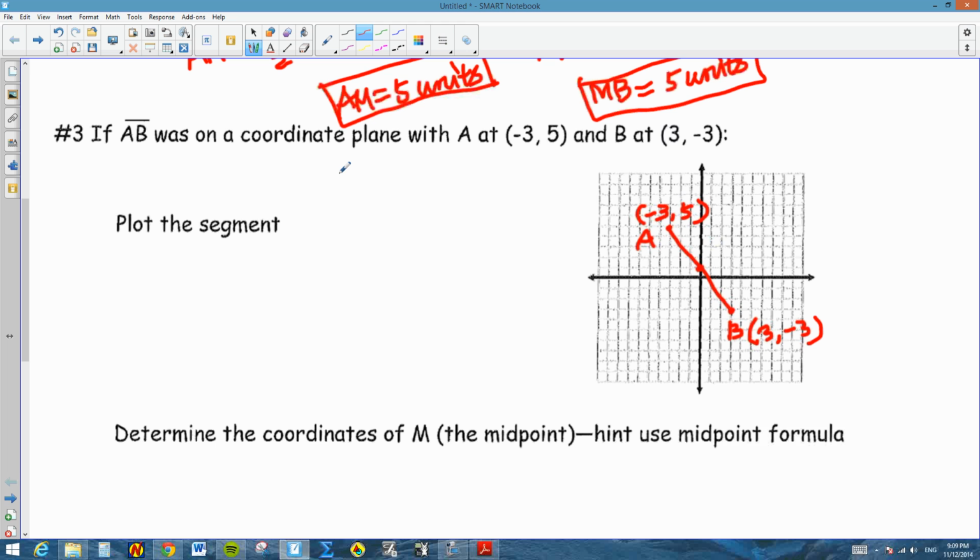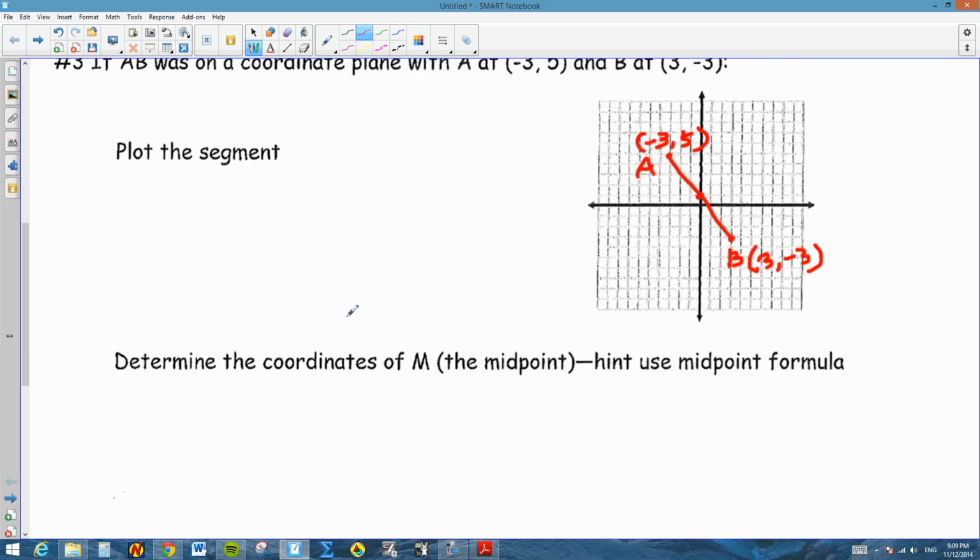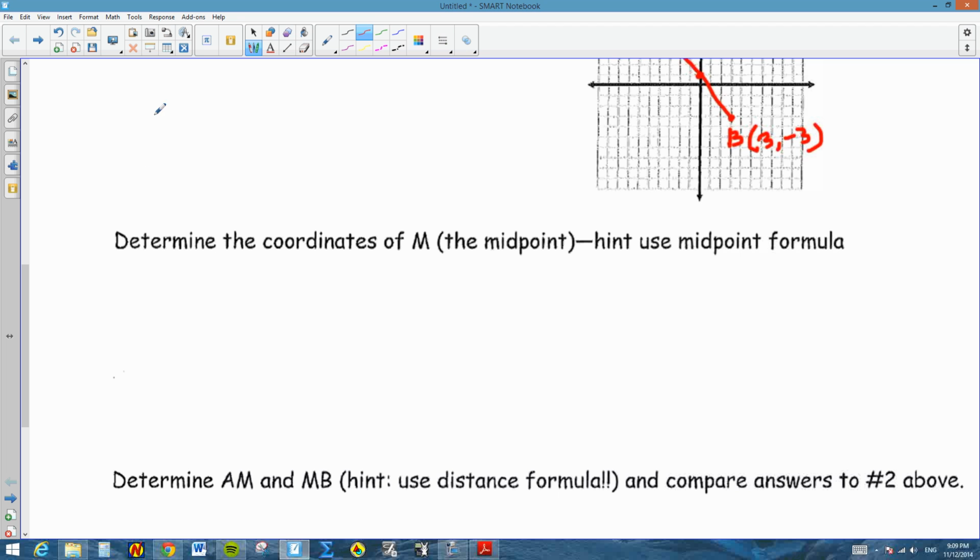So let's verify the coordinates for that point. Recall that we have the midpoint formula.